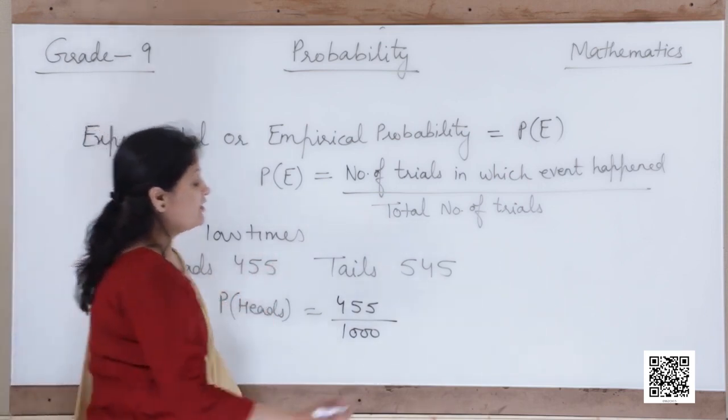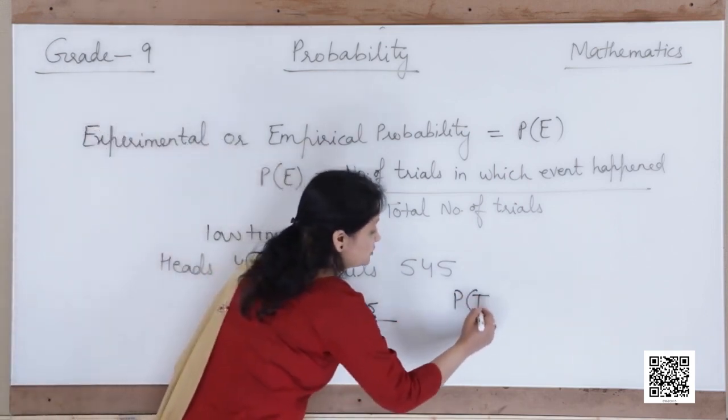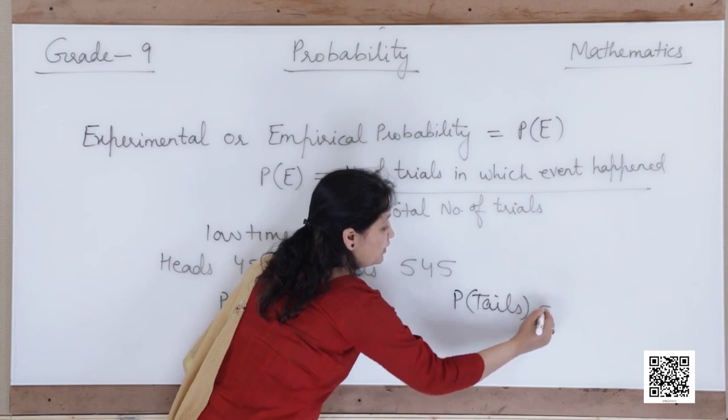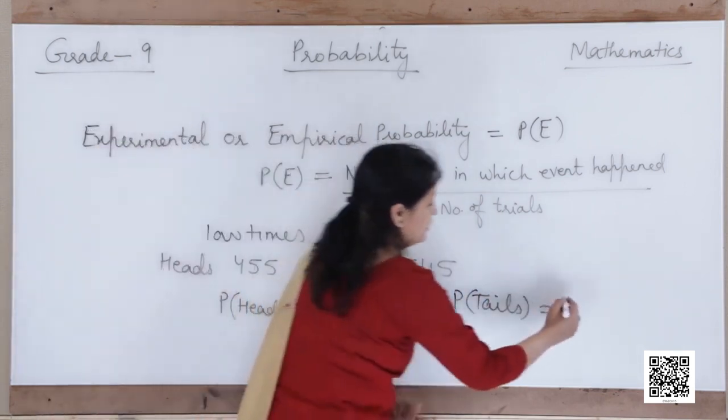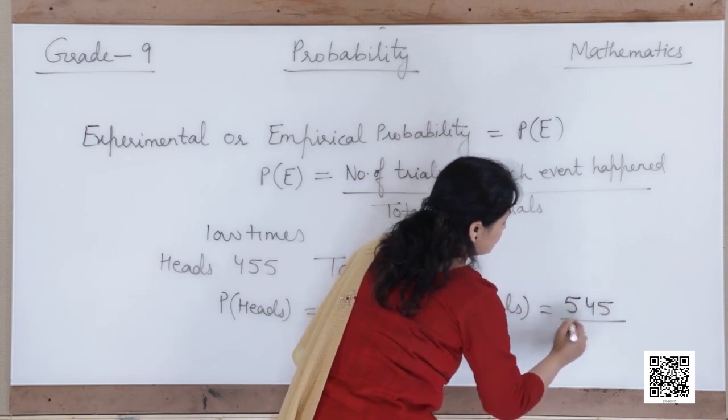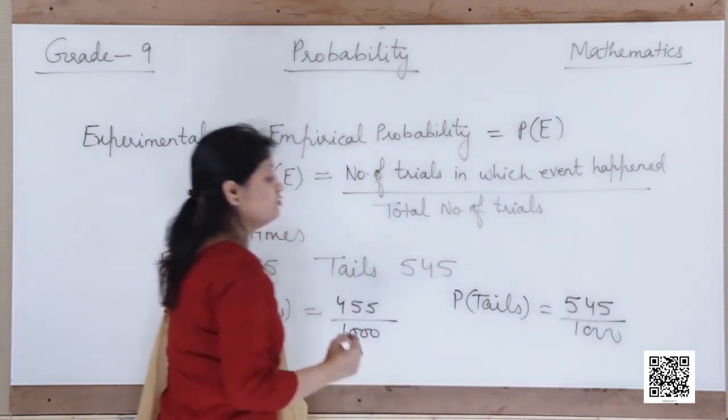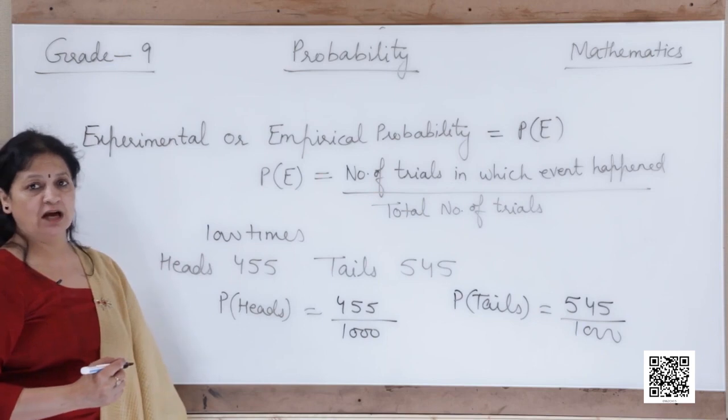Similarly, they said find the probability of tails also. So what is the probability of tails according to this? 545 upon the total, which is 1000. So 545 by 1000.